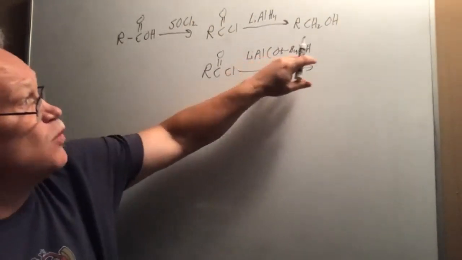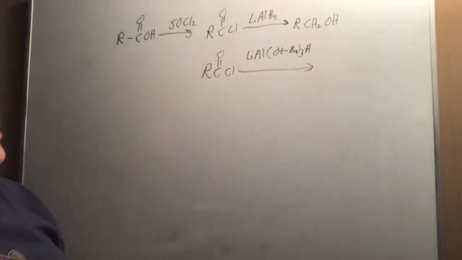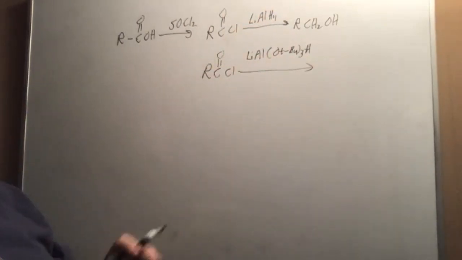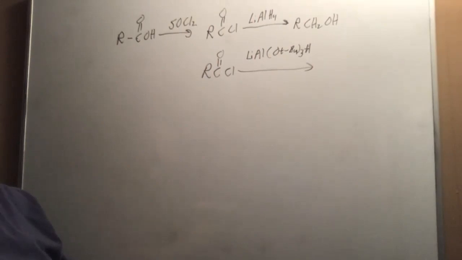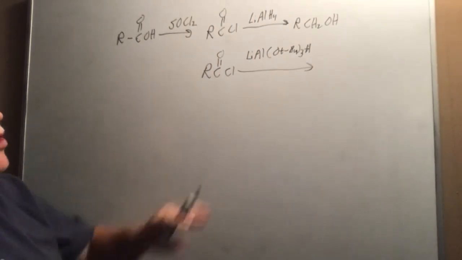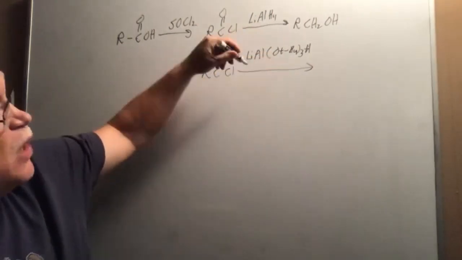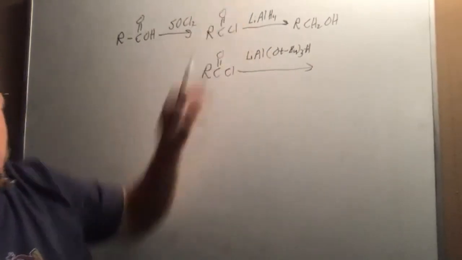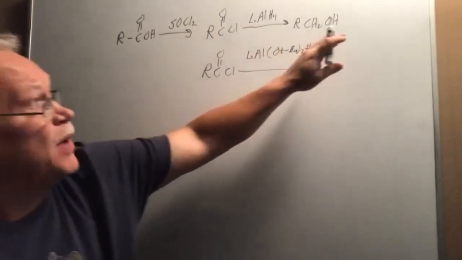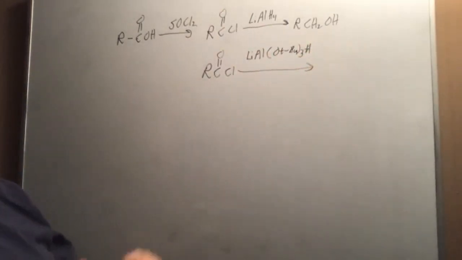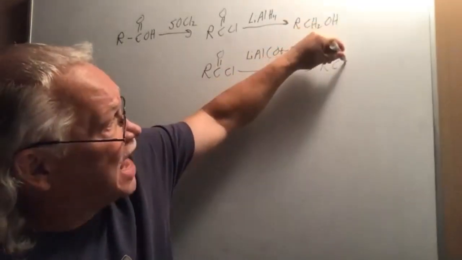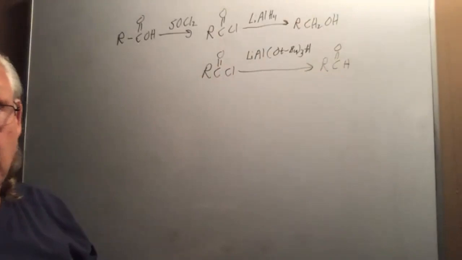But notice this reagent is very similar to this reagent, except 3 of the hydrogens have been replaced by O-t-butyl groups. By replacing those with O-t-butyl groups, this reducing agent is a weaker reducing agent than the top one. So it doesn't take the compound all the way to the alcohol. It stops the reaction at the aldehyde.